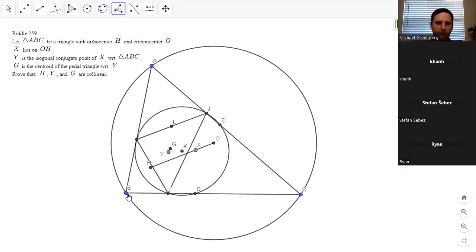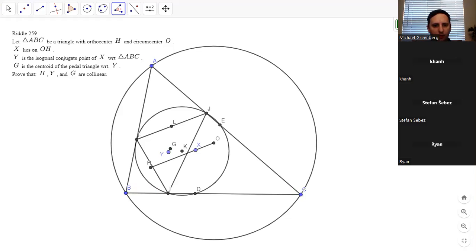So let's check that X and Y are actually isogonal conjugates. It looks like it. ACX and YCB. Yep, so they are isogonal conjugates.